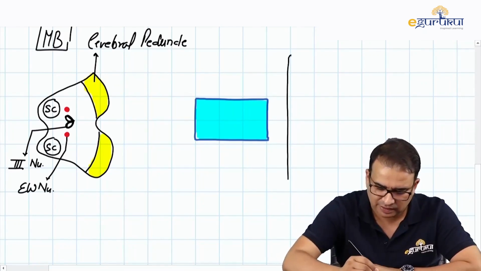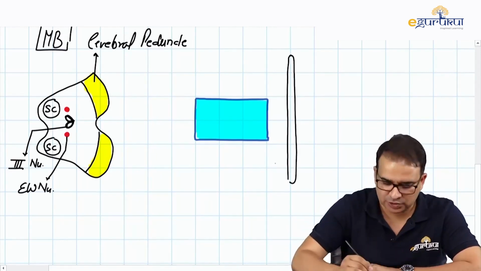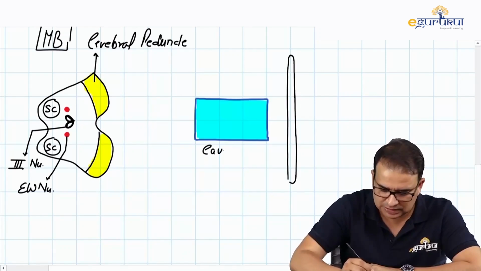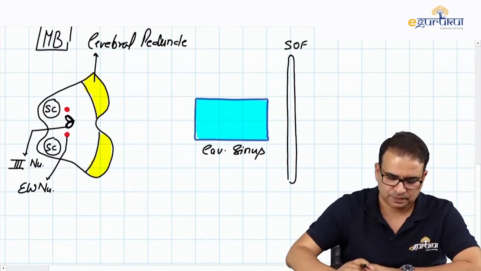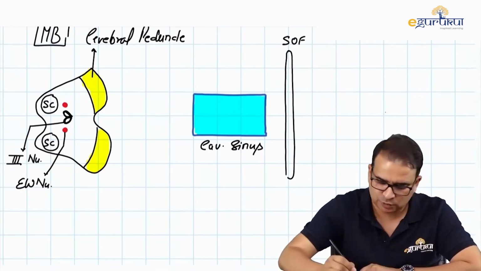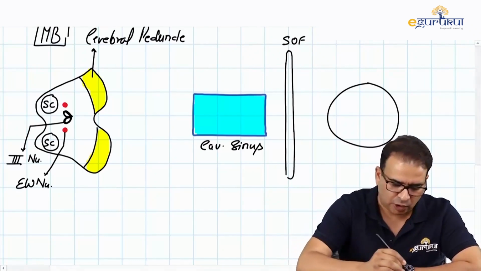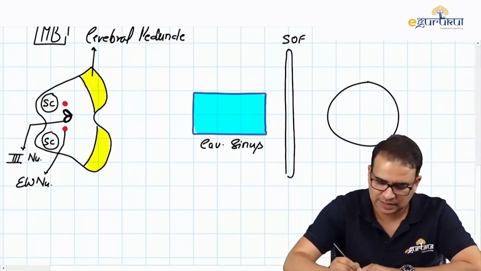In fact, the anterior relation of the cavernous sinus is the superior orbital fissure only. And finally, we reach the eyeball where all these muscles are to be supplied, all muscles except SO4 and LR6. So the rest of the muscles I need to mark here.